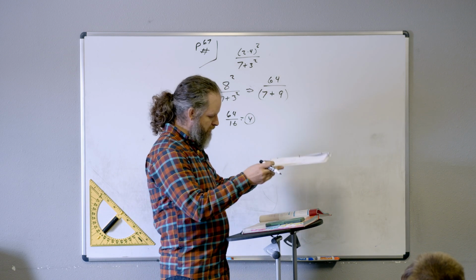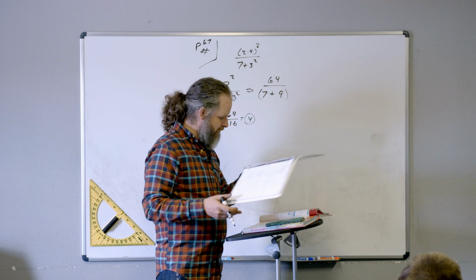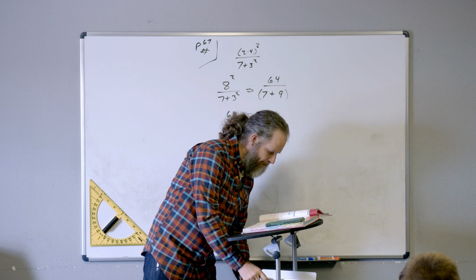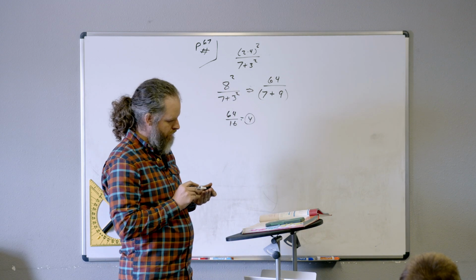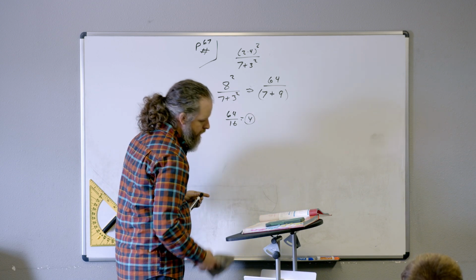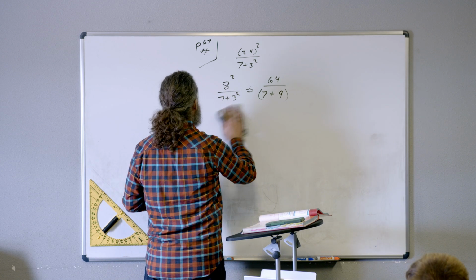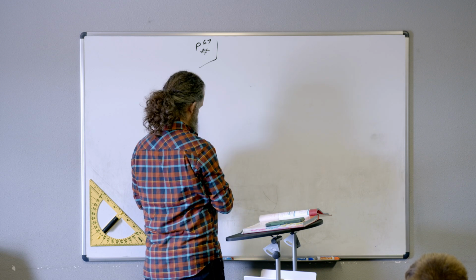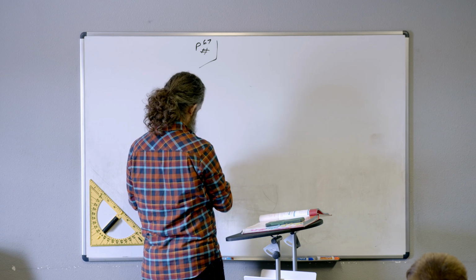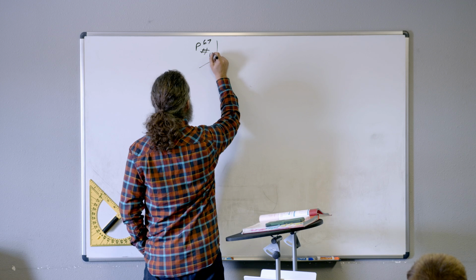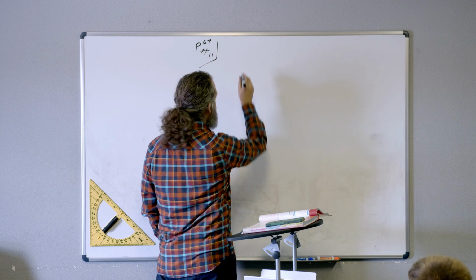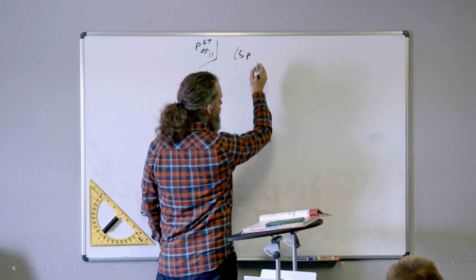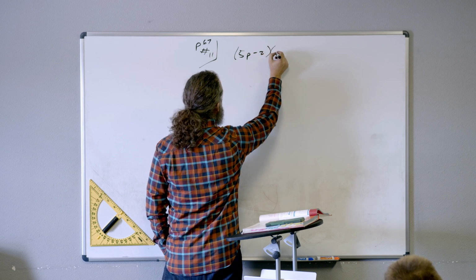Okay. So you'll also have problems like 10 and 11 from there. So number 11, let's do it. 5p minus 2 times negative 3.